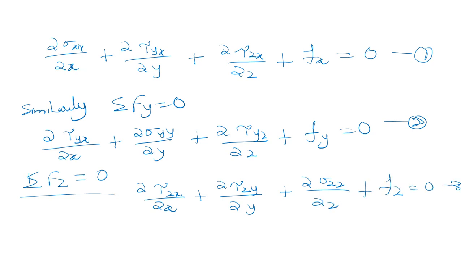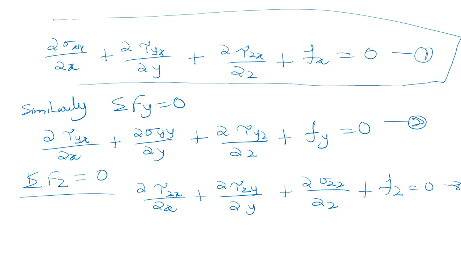This is the third equation. These three equations are called static equilibrium conditions. Okay, they are very simple. If you understand the procedure for this one direction, along x, then the remaining things are very simple.